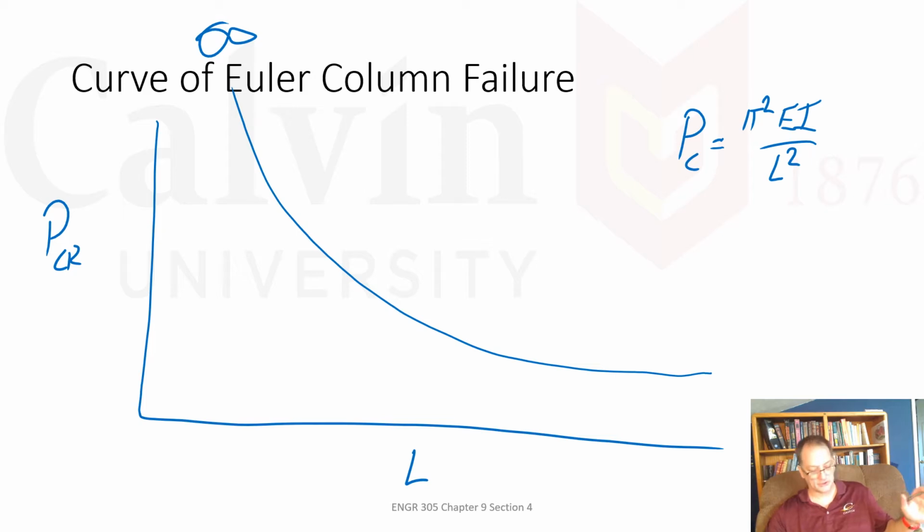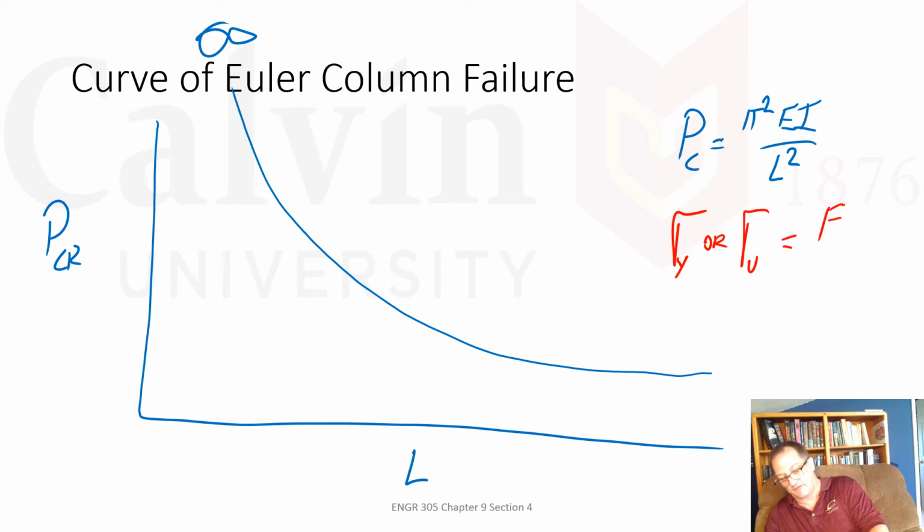Well, that's not true, because there's another way that my short column could fail, and that is a stress, the allowable stress. Maybe this is my yield, or maybe it's my ultimate, but that's equal to force over area. Well, this force is really P critical over area.